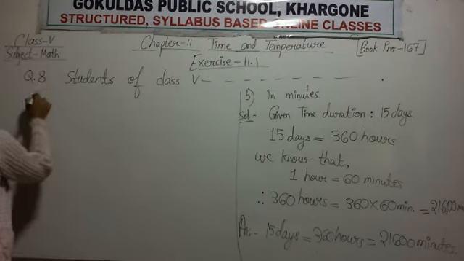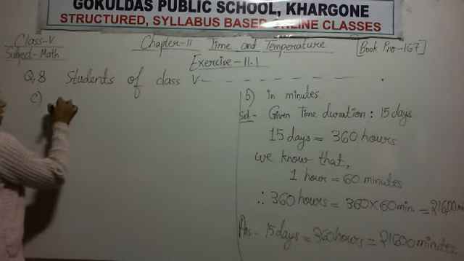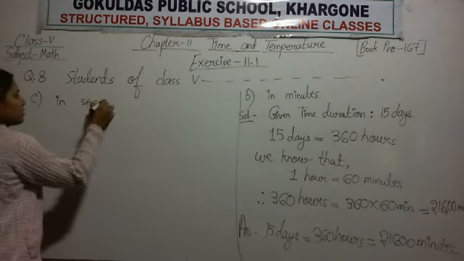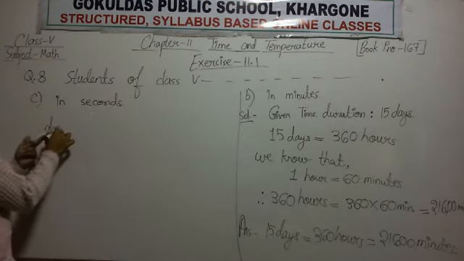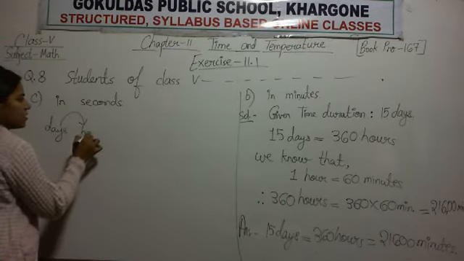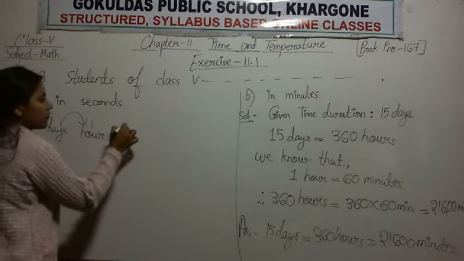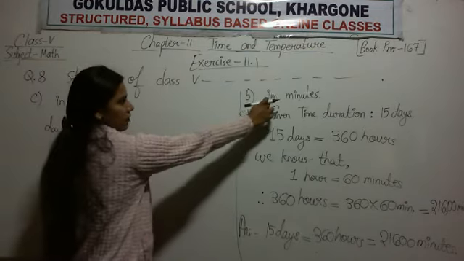Now part C I am solving here. In part C we need to show in seconds. So data is given in days. From days we can convert in hours. From hours we can convert in minutes. This is what we have done.